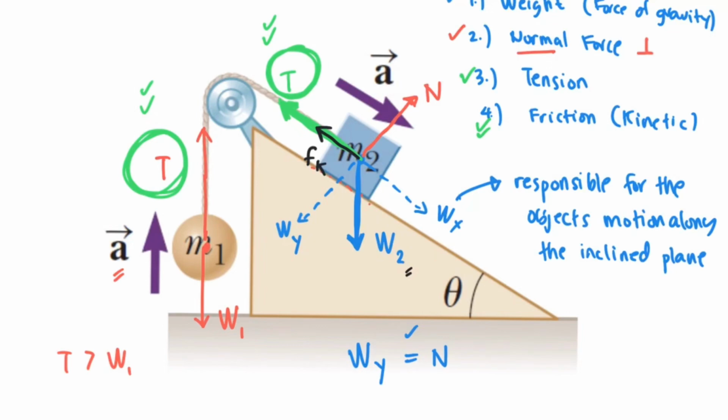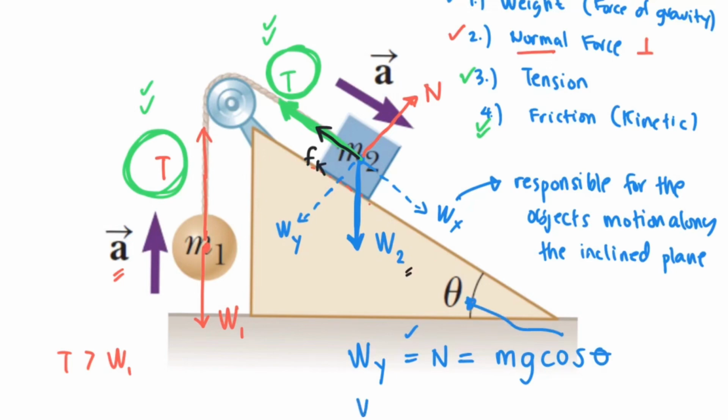And if we are going to compute for this, that is just equal to the mass of the object on the inclined plane multiplied by acceleration due to gravity, times cosine of the angle theta, and that theta right there is this theta.